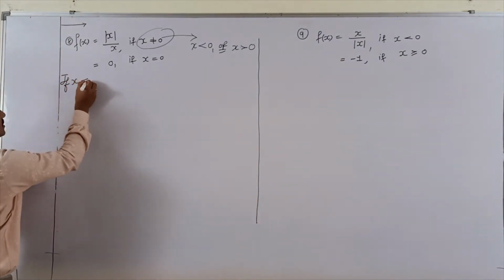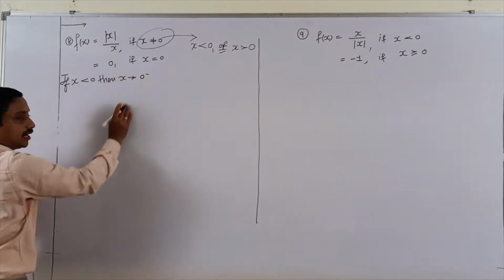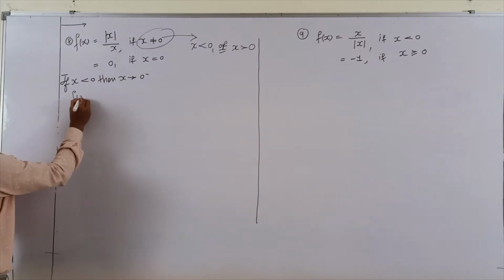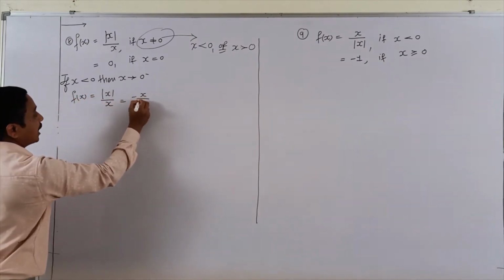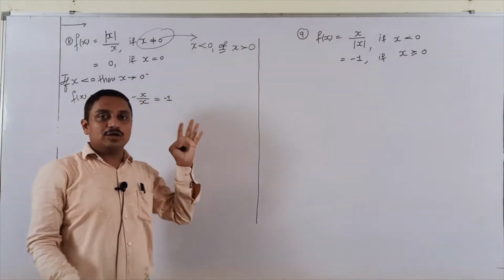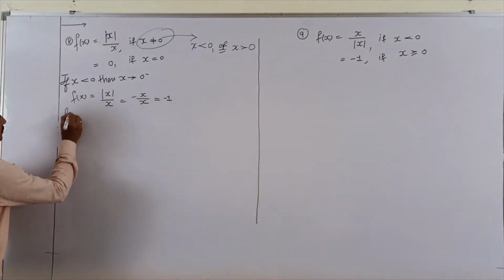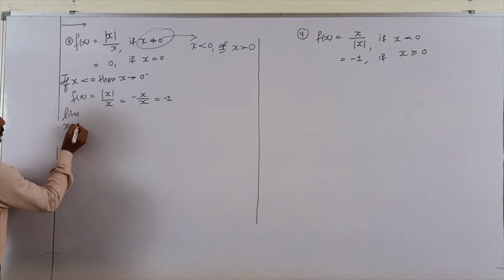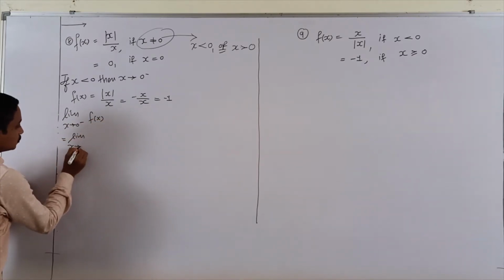If x is less than 0, then x tends to 0 negative. Surely my function is modulus x by x. I take out minus x. Why minus, students? Because I am going to the left hand side limit. Now limit x tends to 0 negative of the function.